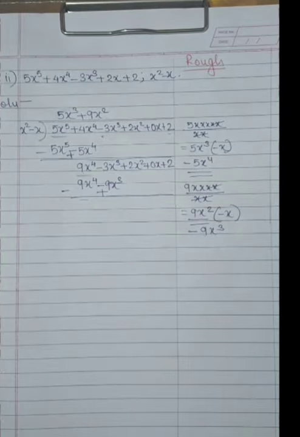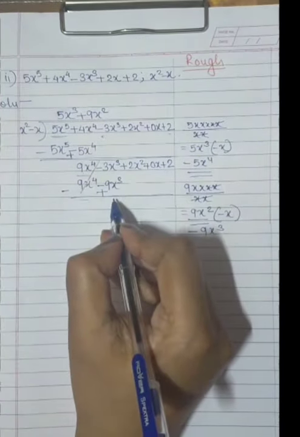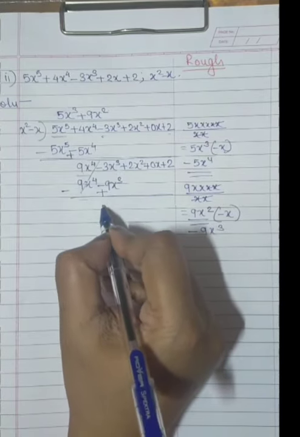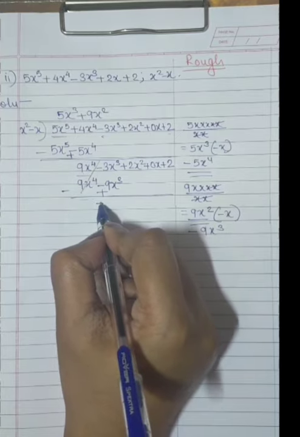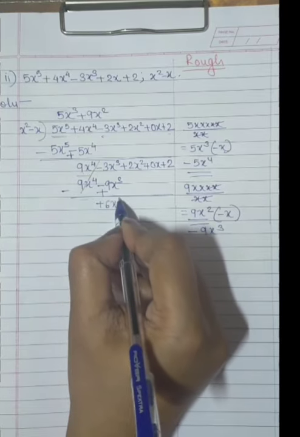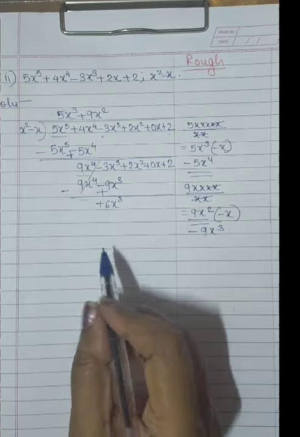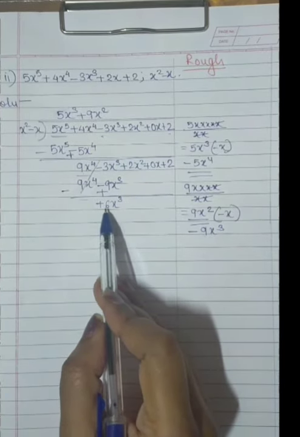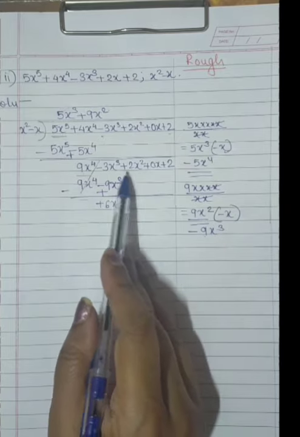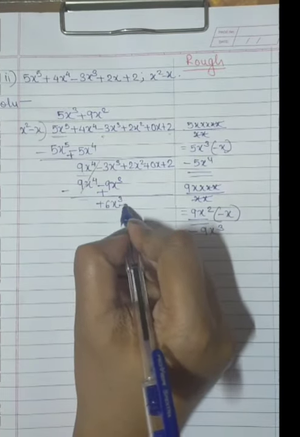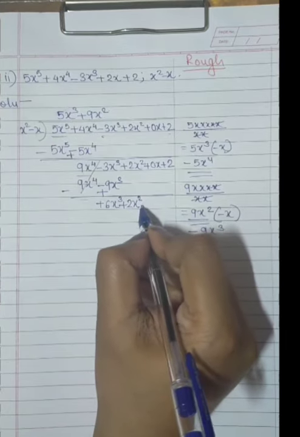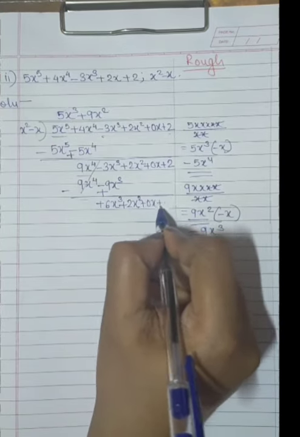This both is going to cancel, and here we will get minus plus minus, then here plus 6x³ will come. The sign change means the bigger number sign is plus. So we are writing minus 6x³. The remaining equation as it is, it will come plus 2x² plus 0x plus 2.